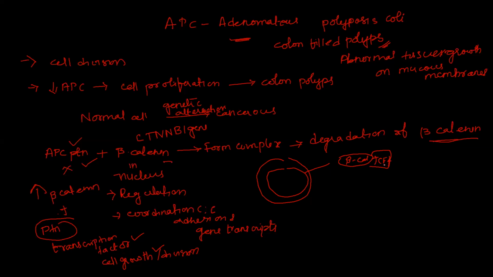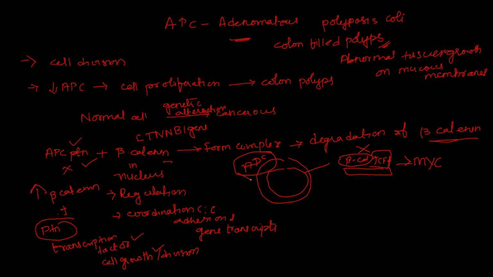It's a protein coding gene. Okay, let's consider this. If APC is present, in that case, what will happen? There will be no such, that is, this is not free, right? So it will not produce any other protein which will actually help in the proliferation of the cell.